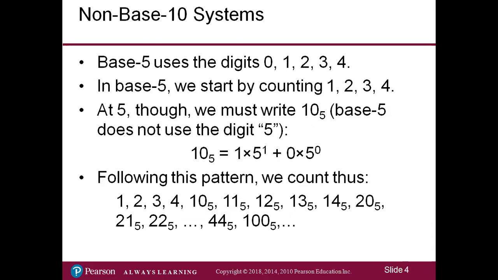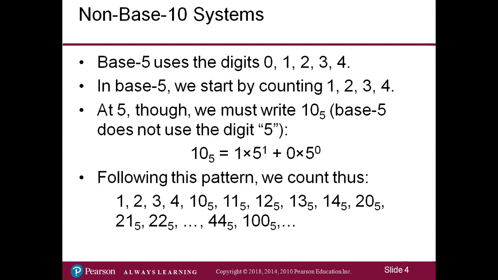Base 5 uses digits 0, 1, 2, 3, 4. In base 5, we start by counting 1, 2, 3, 4. At 5, though, we must rewrite 5 as 1, 0, base 5.